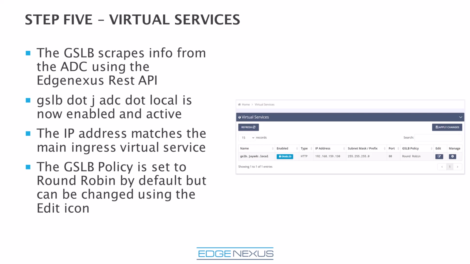The enabled status also signifies that the GSLB has been enabled and is active on a specific domain or URL, in our case, gslb.jadc.local. This means that the GSLB is being used to distribute traffic across multiple servers or data centers, in order to improve performance and reduce downtime.